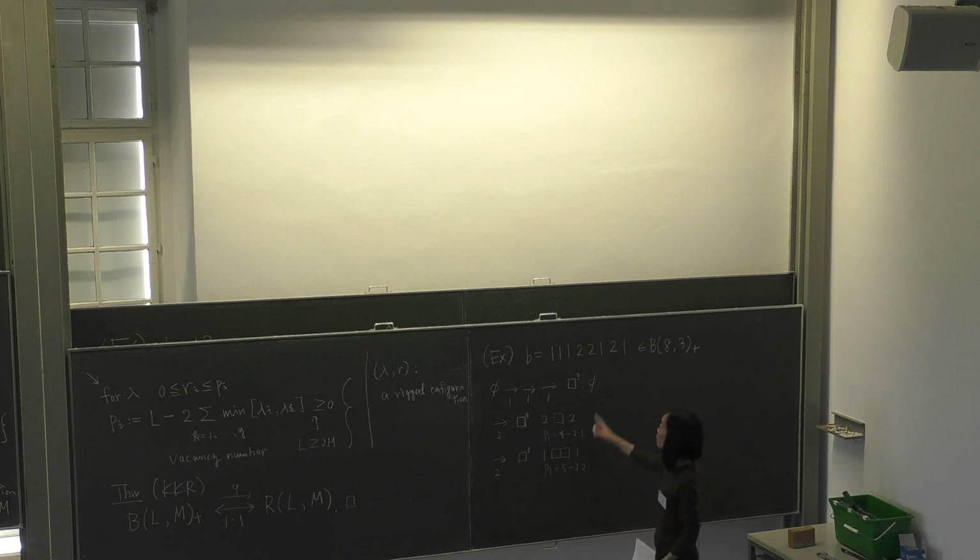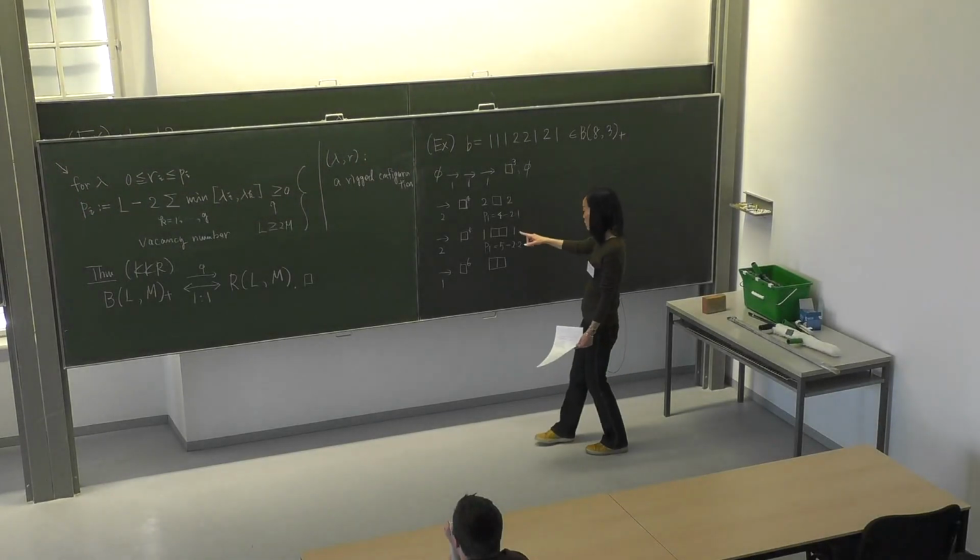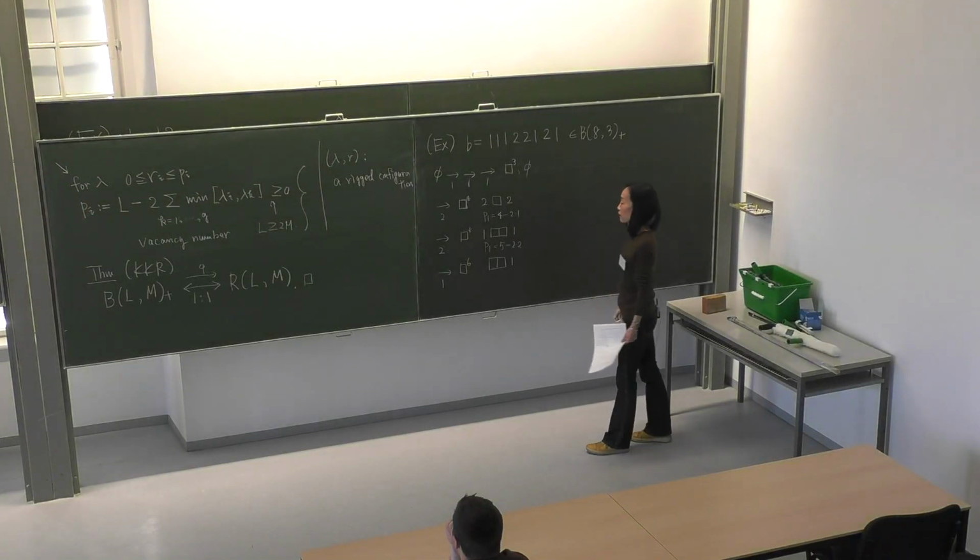Then next, we meet 1 here. So we have 6 numbers. And because it is 1, we don't add any box here.